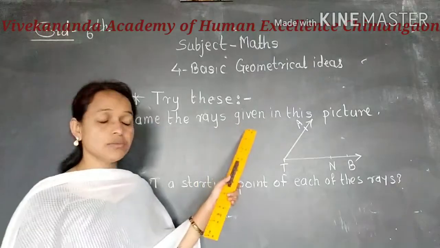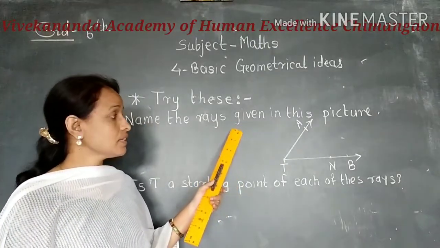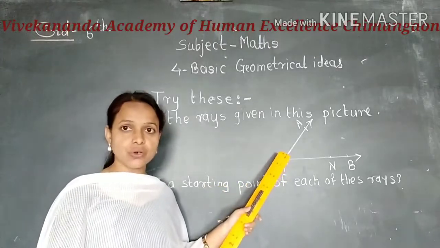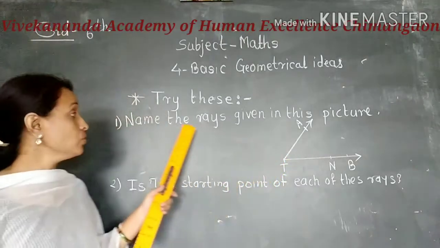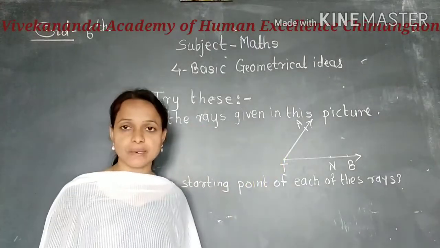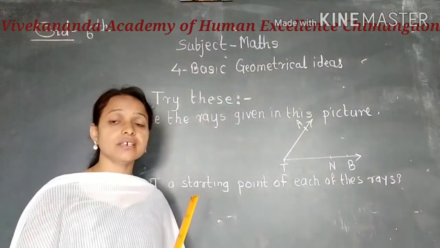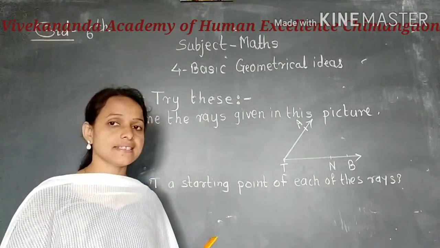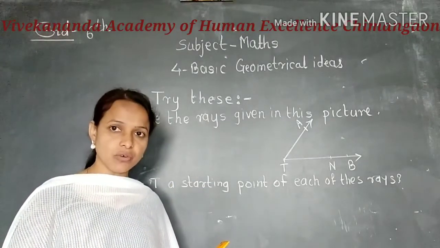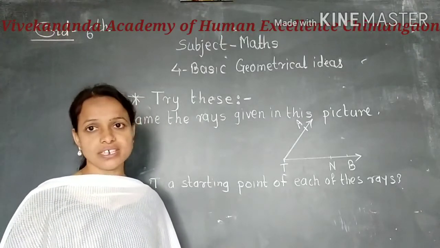Name the rays given in this picture. Students, there is one picture or figure given. We have to write the names of the rays in this figure. Just now you have learned about a ray. A ray has an initial point or starting point and it can be extended endlessly in one direction.